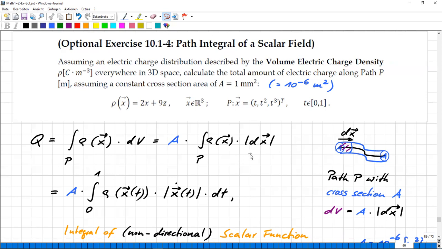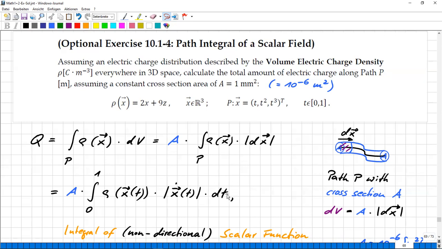And also I need, as always, for the substitution here, an additional factor of sort of velocity at this place, physically speaking, which is the x vector dot of t, which allows me to replace the spatial differential vector for a temporal differential dt. Also, since this is scalar anyway, because it's one-dimensional, I don't need absolute value signs here.